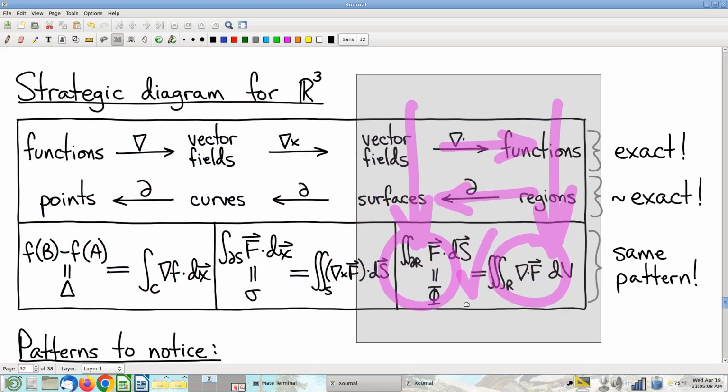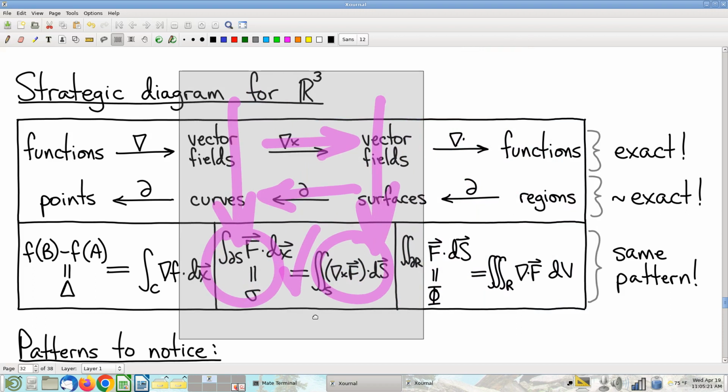Same thing for Gauss's divergence theorem. It's the same theorem. Diagrammatically, it's the exact same pattern. And we see now also the exact same pattern for Stokes's curl theorem. Diagrammatically, the same. So now you can think of those 3 theorems as 3 separate theorems.